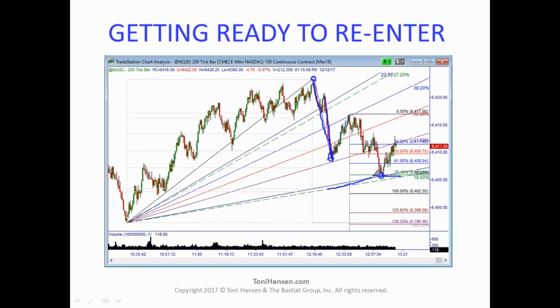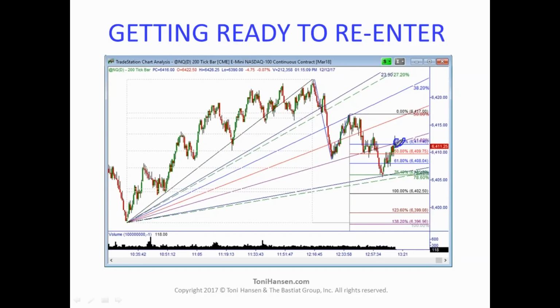And it is also the 76.4% Fibonacci fan based upon the entire trend. So just some additional confirmation.